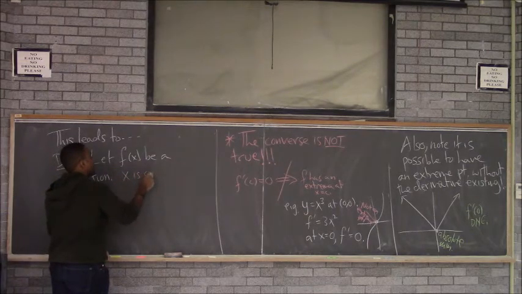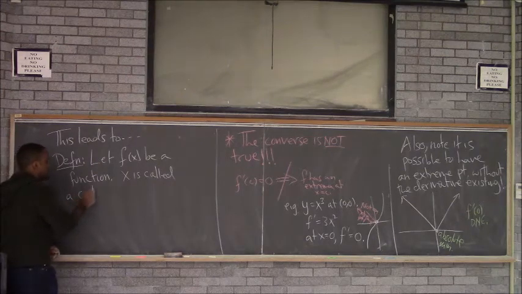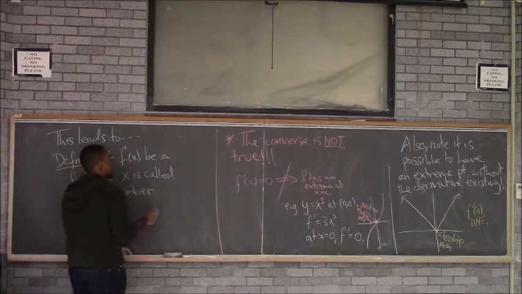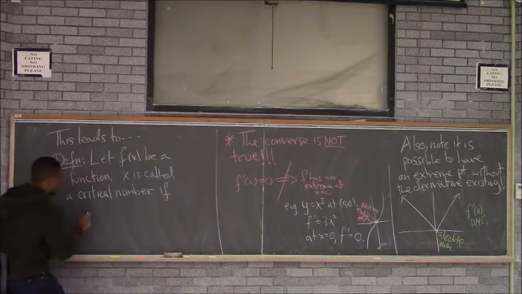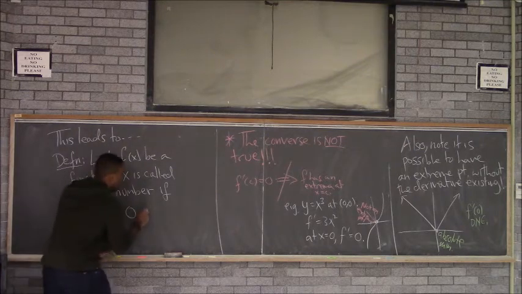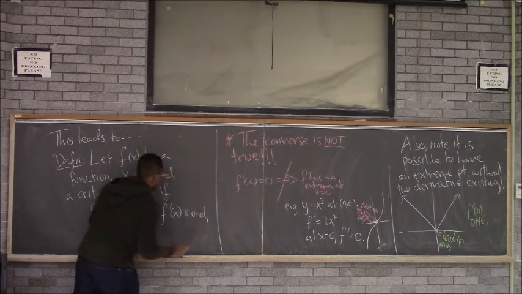X is called a critical number if f prime of x equals 0 or f prime of x is undefined.